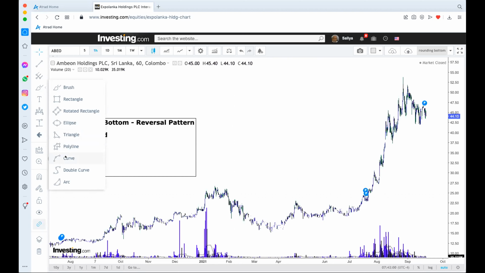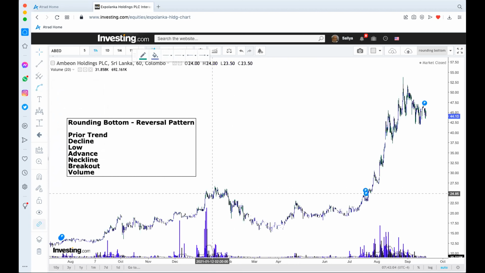So you use the curve tool to do that. You start from this top, or rather the candle that is at the top, you start at the bottom of that candle, and then you will be joining all these bottoms, and take it up to this level.